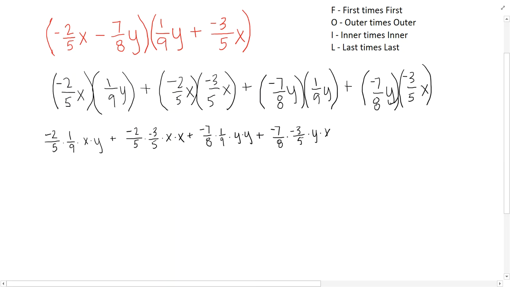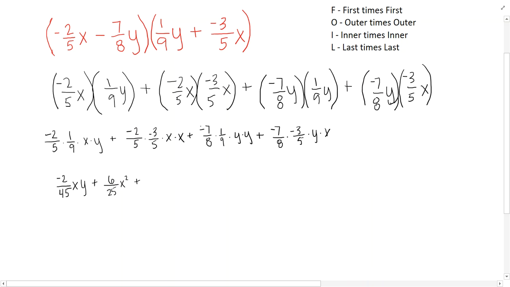So then this first term becomes -2 over 5 times 9 is 45 xy, plus, we have -2 times -3 is 6 over 25 x times x, so x squared.